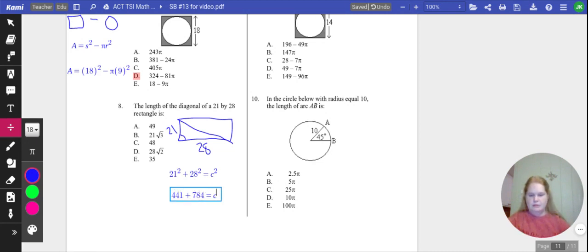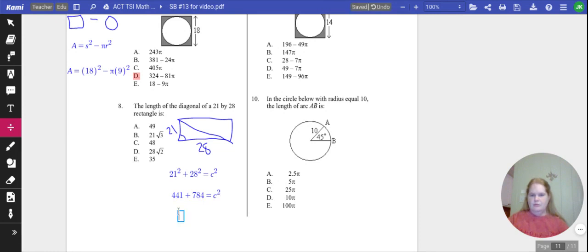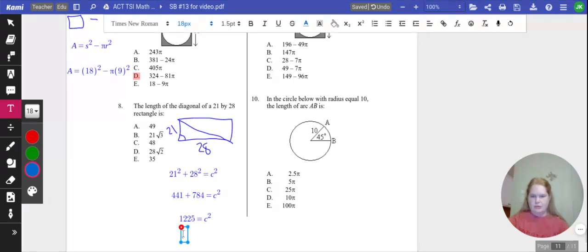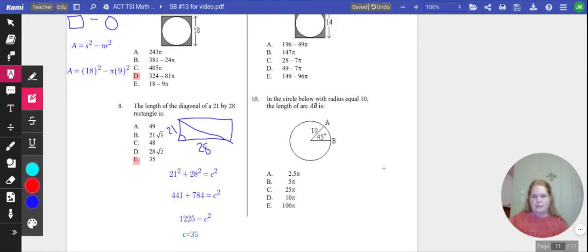That equals c squared. 441 and 784, that's 1225 equals c squared. And then I take the square root of that. I take the square root of 1225, and I get c is 35. That's the hypotenuse, or the length of the diagonal, which is 35, which is E. Just the Pythagorean theorem.